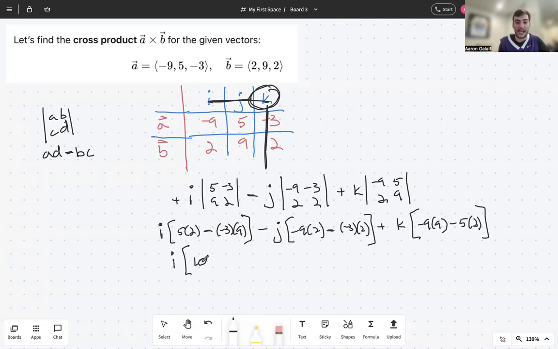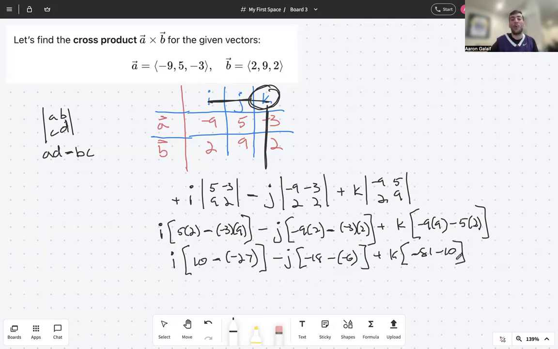I, 10 minus -27, minus J, -18 minus -6, plus K is -81 minus 10. And then we clean it up one more time, and that should pretty much give us the answer we need.